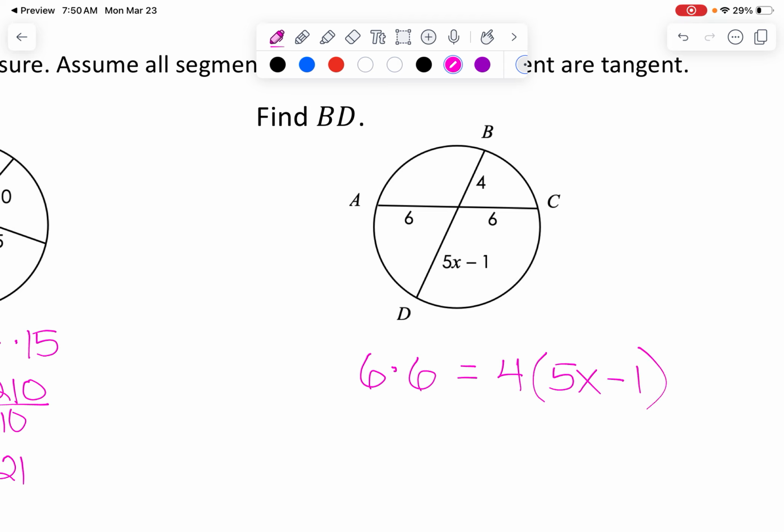So we have 36 equals 20x minus 4. Add 4 to both sides, and we get this. Then if we divide by 20 on both sides, we get 2.